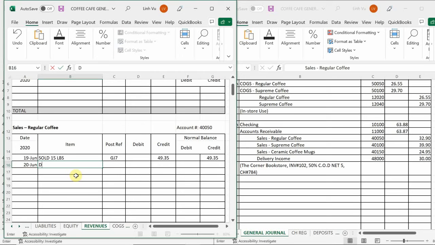We sold 10 pounds. $32.90. So what's my ending balance?